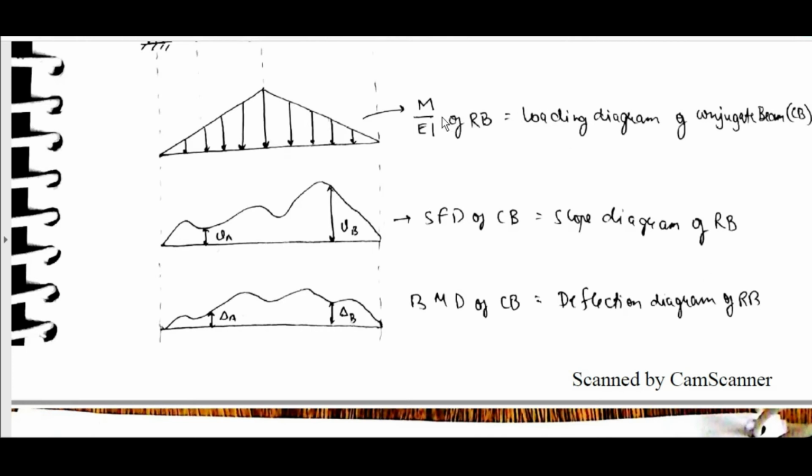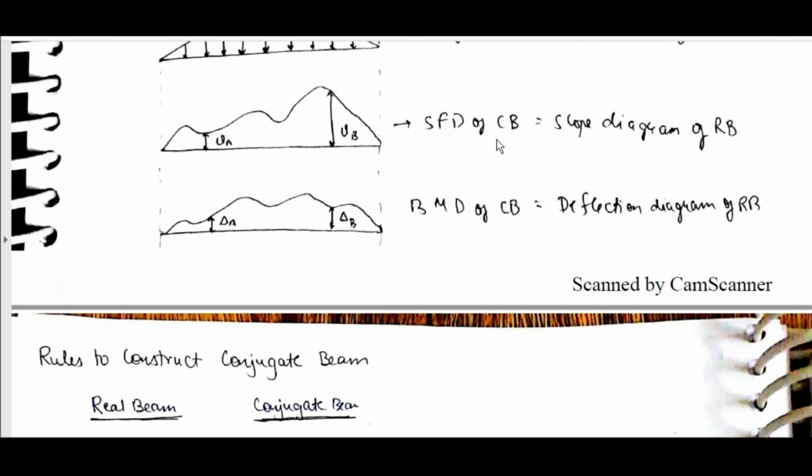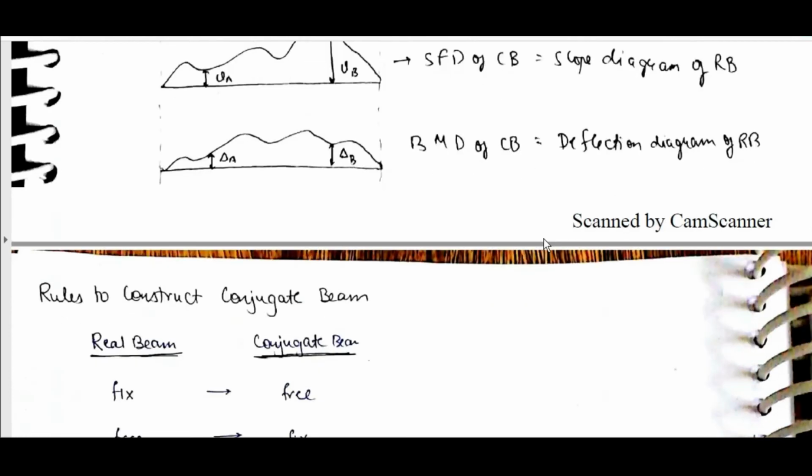M by EI of the real beam is the loading diagram of the conjugate beam. Then one derivative gives the shear force diagram, which is the slope diagram, and a second derivative gives the bending moment diagram, which is the deflection. No need to remember the logic; S, B, D, we can remember it like that.